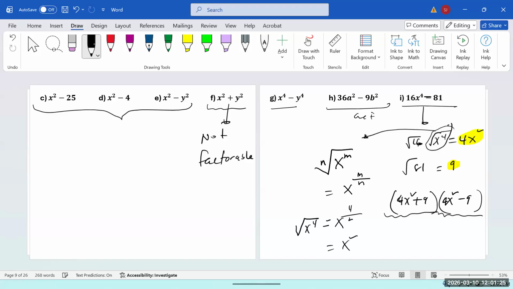But how about this one? It's more factorable. So you get square root of 4, square root of x squared, and square root of 9. What is square root of 4? So you do factors with these. You get 2x plus 3, 2x minus 3, and you still bring it down even though it's not factorable.